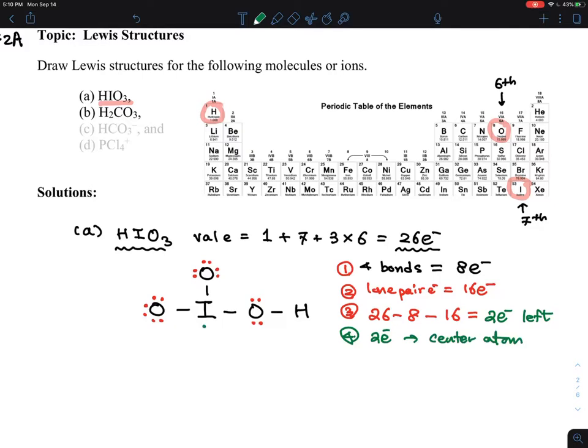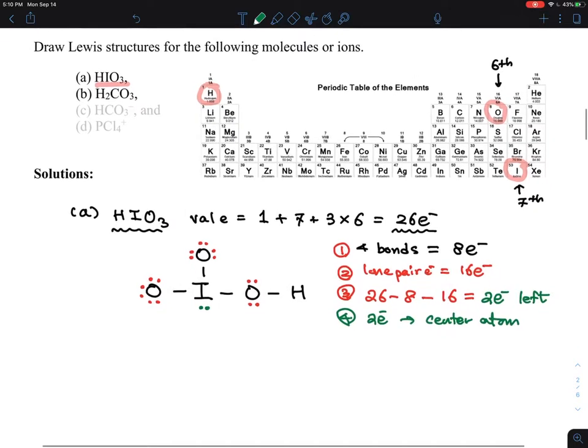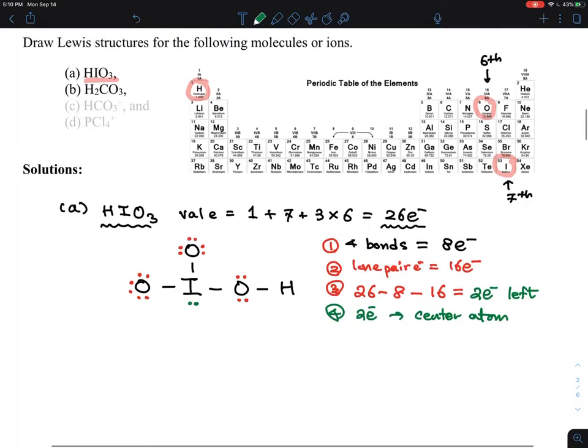So we're going to put that right there. So everything satisfies the octet rule, and hydrogen has 2 electrons, so that's fine. Oxygen-wise, iodine-wise, everything is satisfied. So this is essentially the octet rule satisfaction, and that could be one form of the Lewis structure.